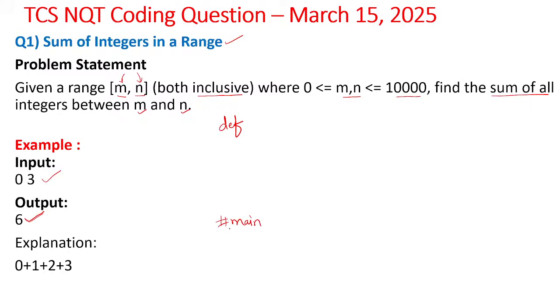So in the main code you need to first read two values. First one indicates m, second one indicates n. Okay, so to read two numbers at a time in Python, you can use the map function here. So map, then int comma, then input dot split.